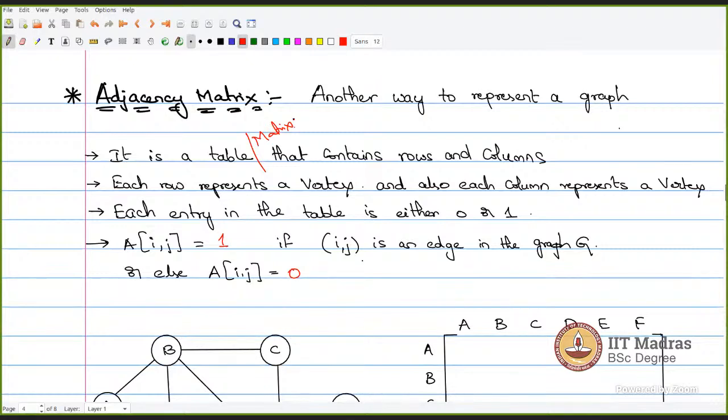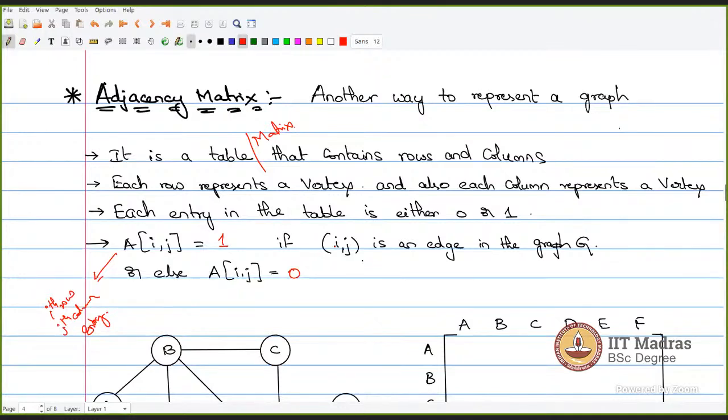We will give 0 or 1 depending upon whether there is an edge between those two vertices or not. So Aij represents the entry in the ith row, jth column. You go to the ith row and then to the jth value. That entry will be given 1 if ij has an edge in the graph G. If you have an edge between two vertices, then for the vertex that represents the row and the vertex that represents the column, you give 1 to that entry.